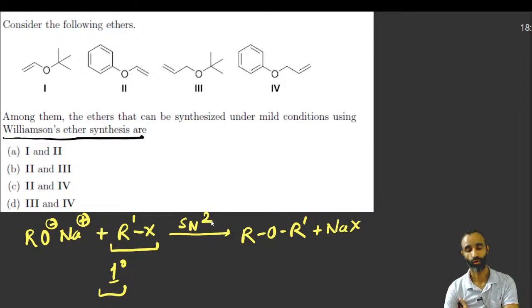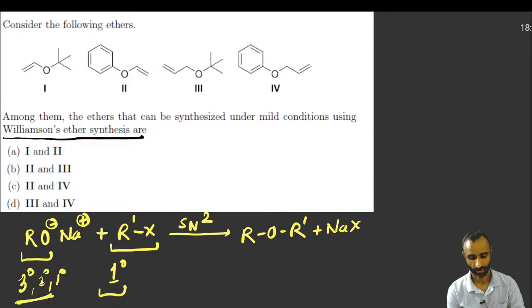So now you can look at the options 1, 2, 3, 4. At the same time, this alkoxide group, the R group here, can be tertiary, secondary, primary, but the alkyl halide should be primary.